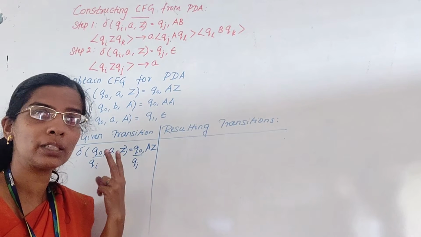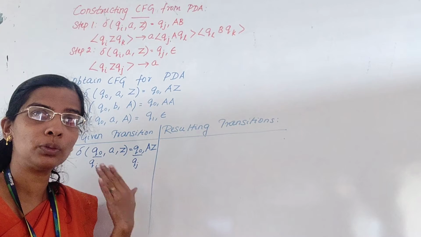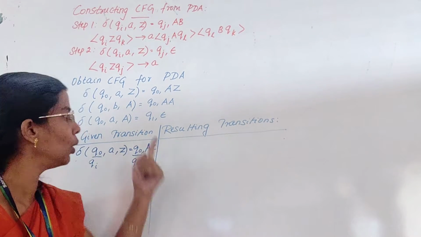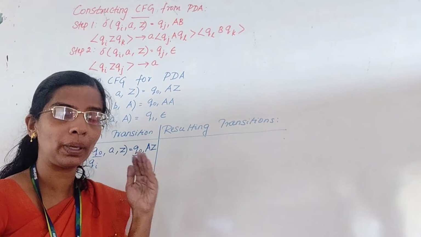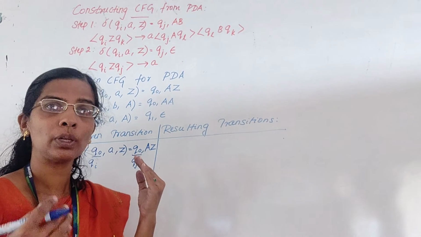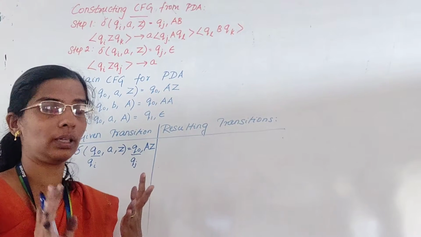Since my PDA has only 2 states, Q0 and Q1, the possible values of K and L are only Q0 and Q1. Hope it is clear.